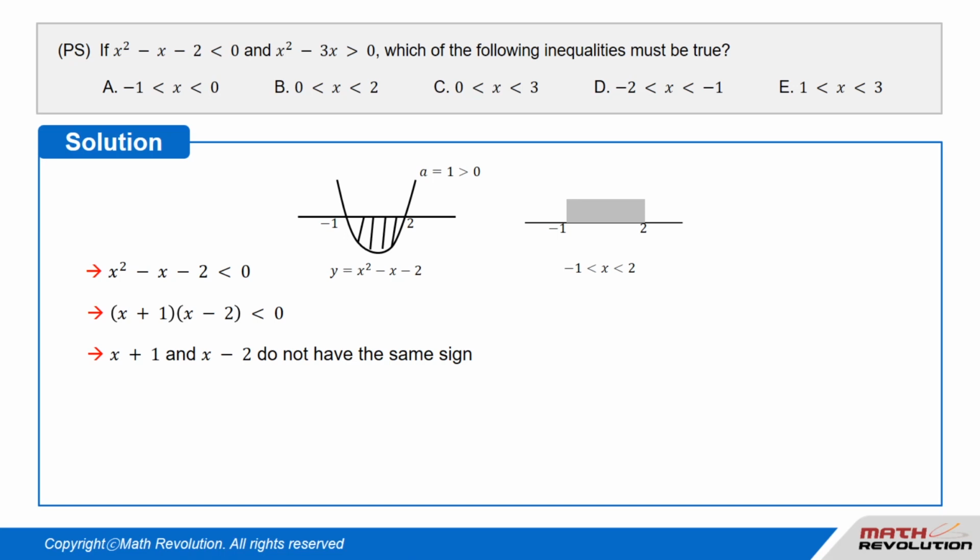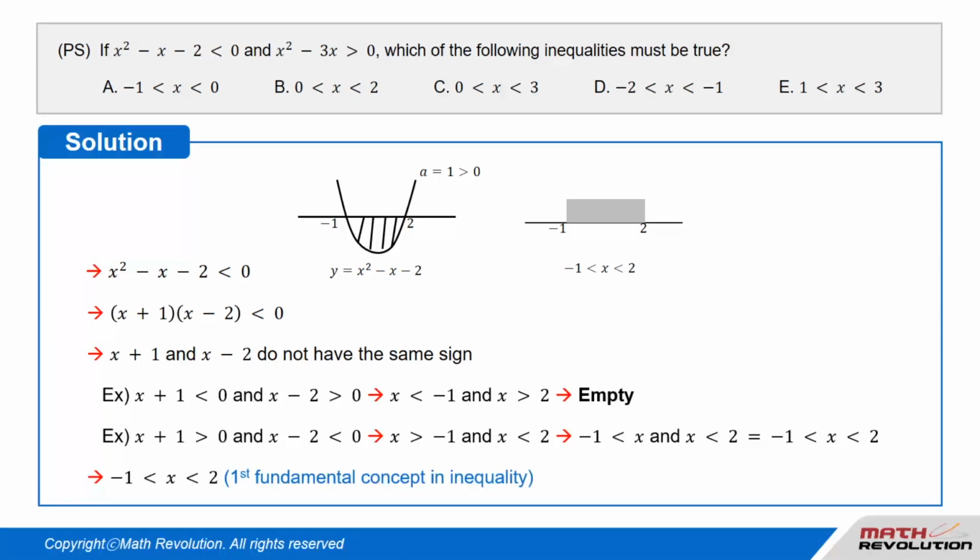We are looking for x squared minus x minus 2 is smaller than 0, which can be factorized as whole of x plus 1 times whole of x minus 2 is smaller than 0. Whole of x plus 1 times whole of x minus 2 is smaller than 0 means that the factors x plus 1 and x minus 2 do not have the same sign.